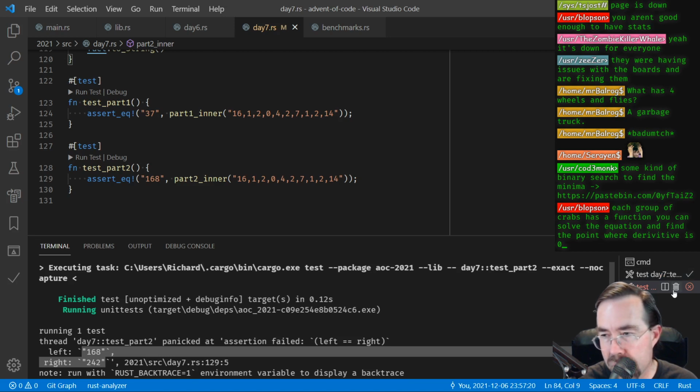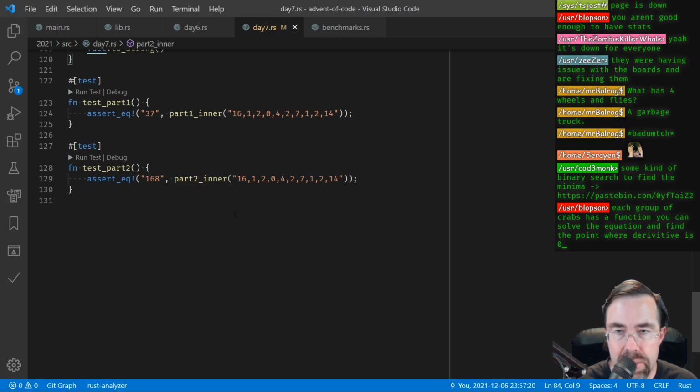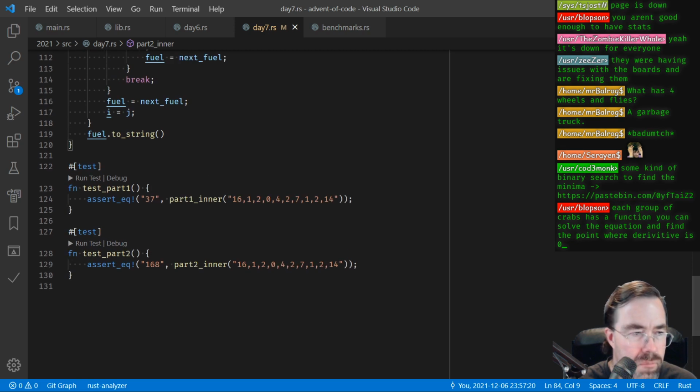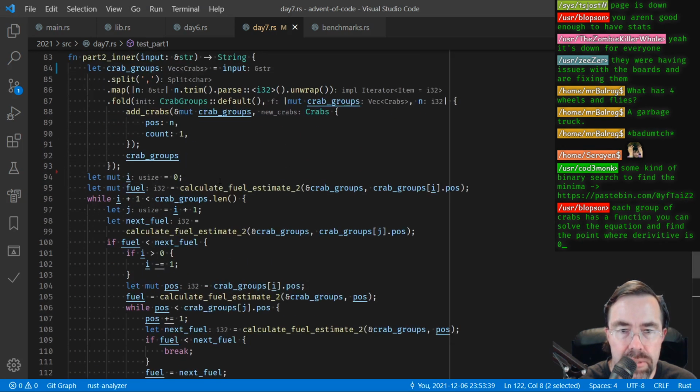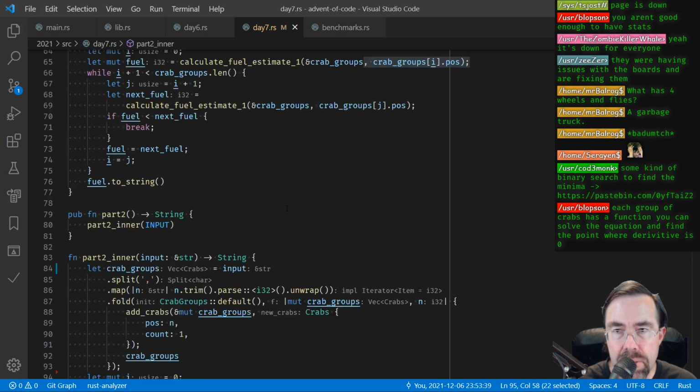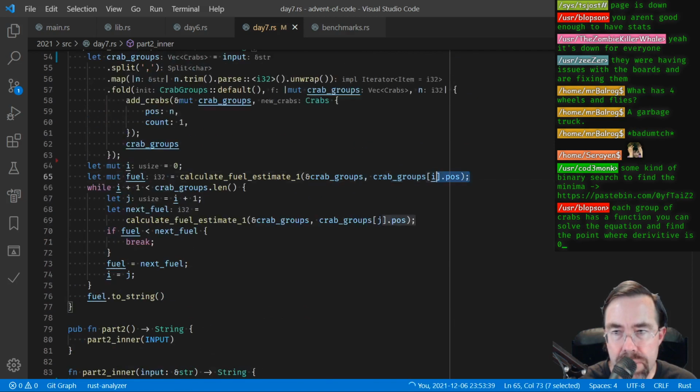Part 2 needs to be sorted. Why would part 2 require sorting it? I don't... Oh, because of this? Probably. Wouldn't this have the same problem?